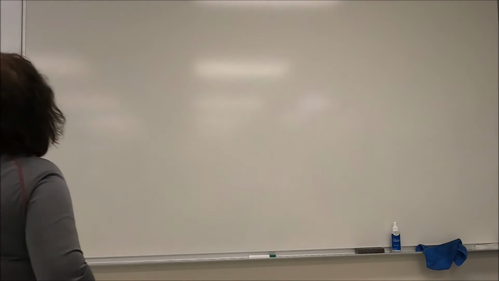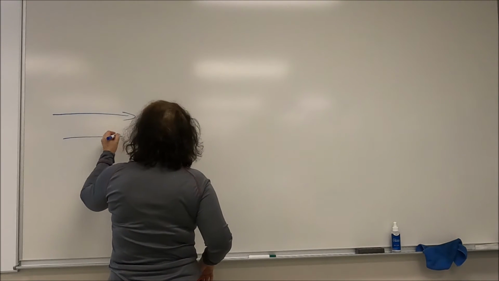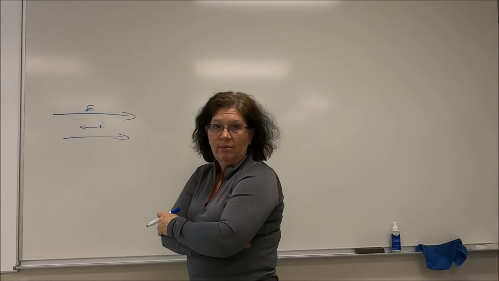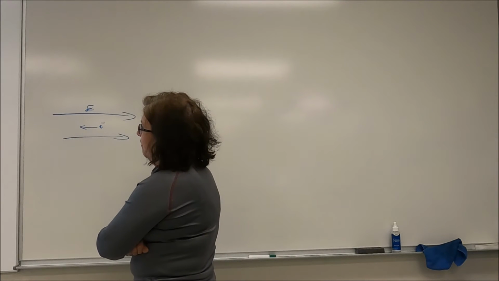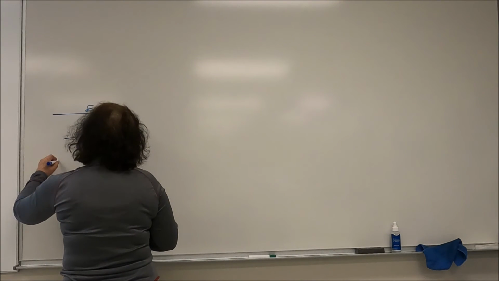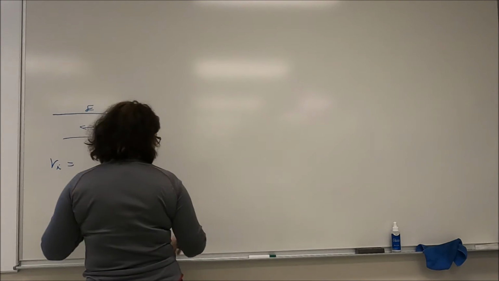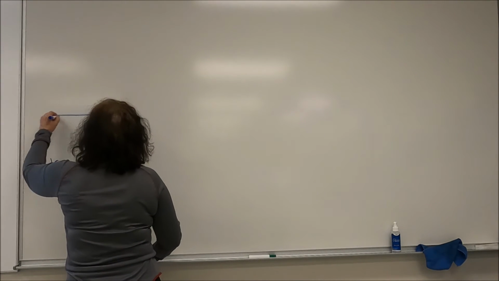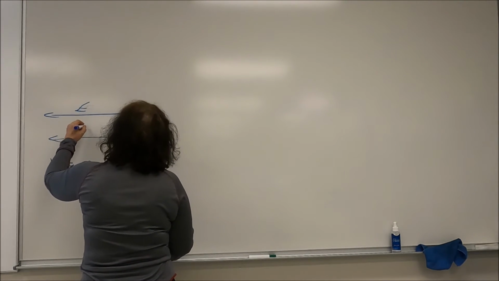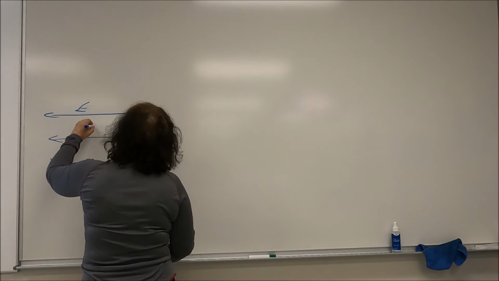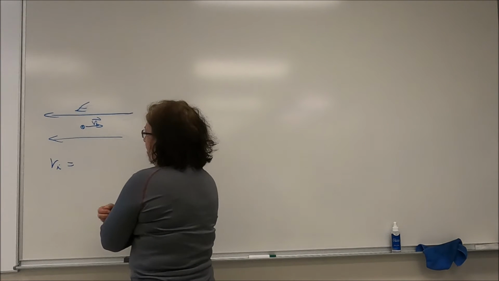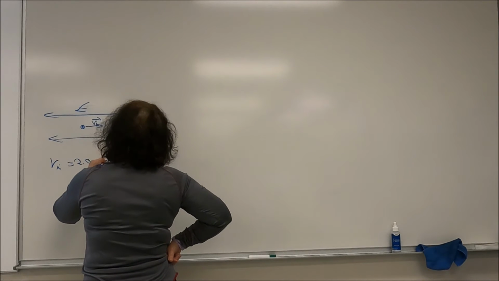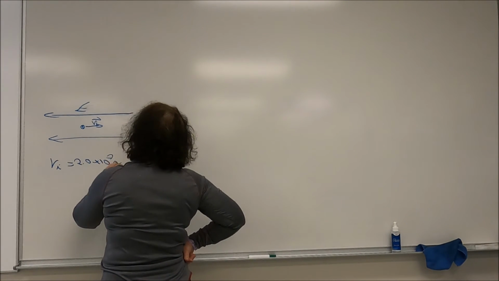Okay, guys, so we have an electric field E like this, and we have an electron, and it's moving in this direction. It's moving in the opposite direction of the electric field. Now, I'm going to draw this the other direction just so that the direction of travel is positive. So I'm going to draw my electric field here, and the velocity of the electron in this direction. Velocity initially was 2.0 times 10 to the 7 meters per second.